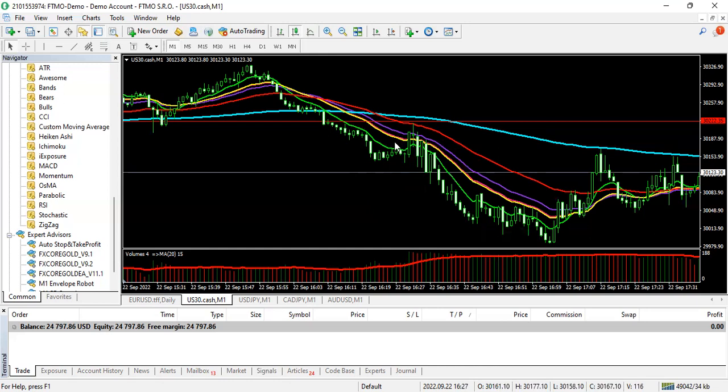So the first zone is not the strongest, but you can say it's a moderate strength. You can basically expect price to go between here and keep going down. If it goes to this little zone right here, as you see, price came into our second zone.